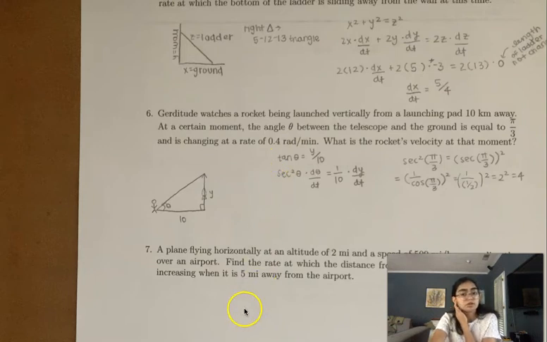Another thing to note is that the derivative of theta, d theta over dt, is equal to 0.4 radians per minute, right? In this problem, I'm actually going to write 0.4 as 4 over 10, just because it's easier in this case to deal with fractions than decimals. But you can write it either way you want. Just know that 0.4 and 4 over 10 is the same thing.